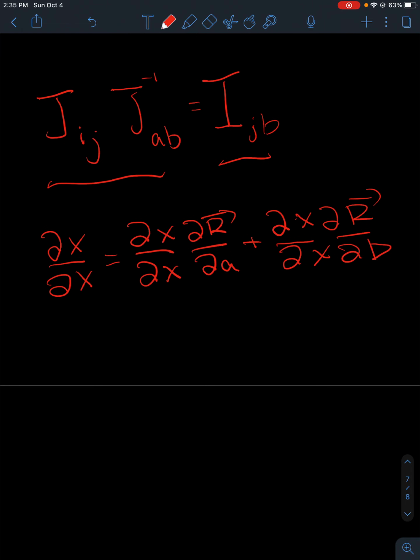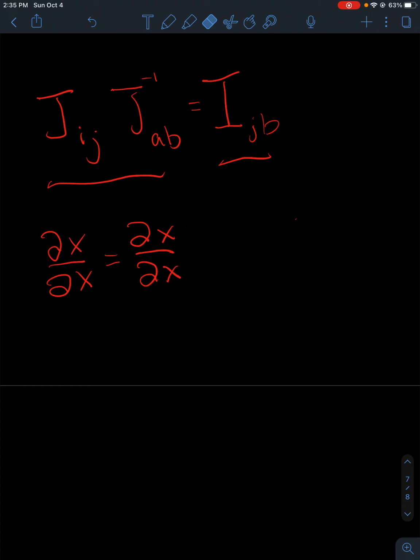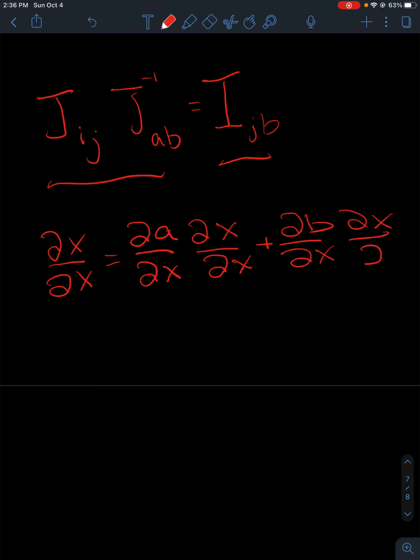And actually, wait, 1 second. Okay, I believe I actually got it. It's this, plus partial b over partial x times partial x over partial b.